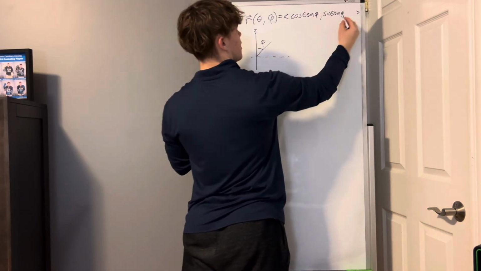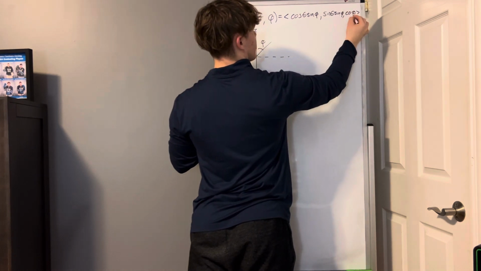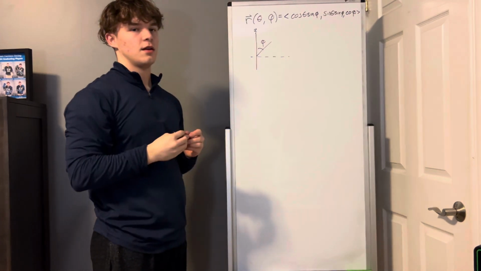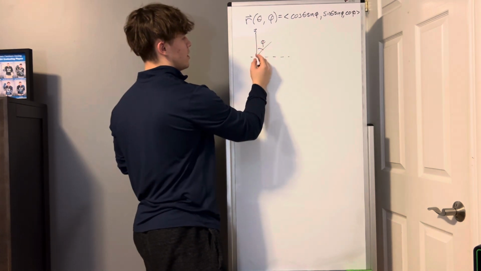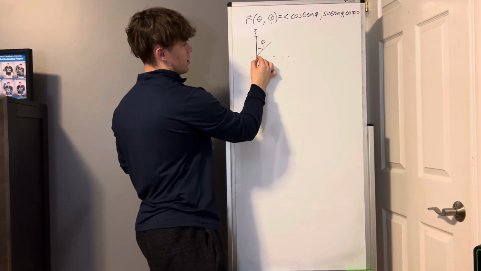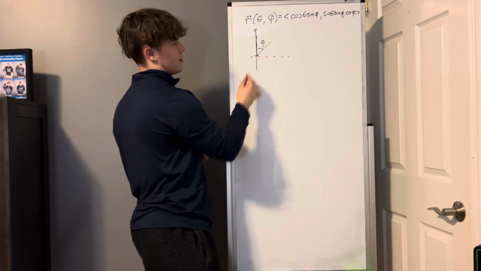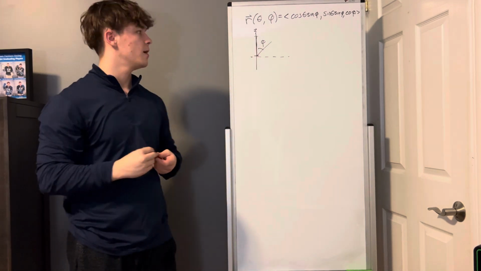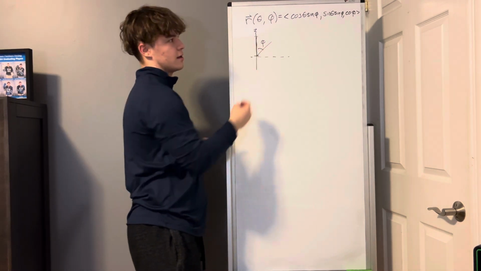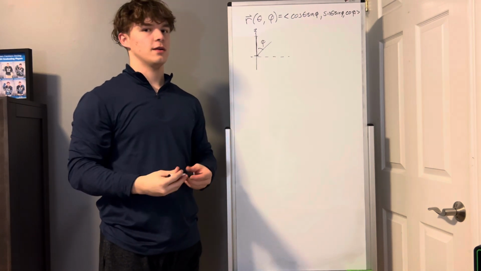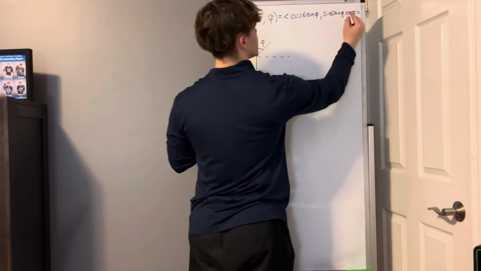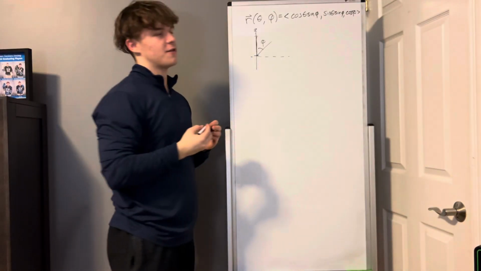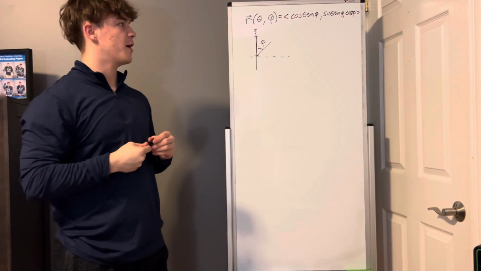And of course we have sine phi's, so we're going to have a cos phi here, and that's simply because our z is this adjacent portion here. SOHCAHTOA. Very simple stuff. Cos phi, not co-phi.